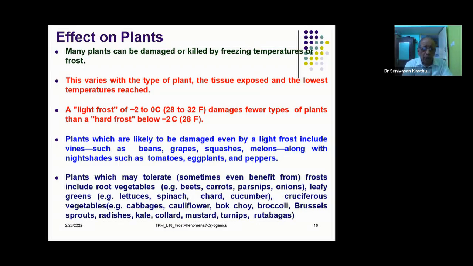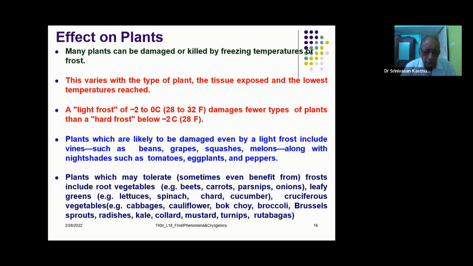Which plants get damaged from -2 degrees to 0 degrees? Plants likely to be damaged by a light frost include vines, beans, grapes, squashes, melons, etc.